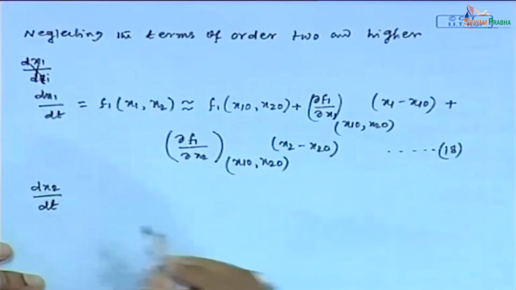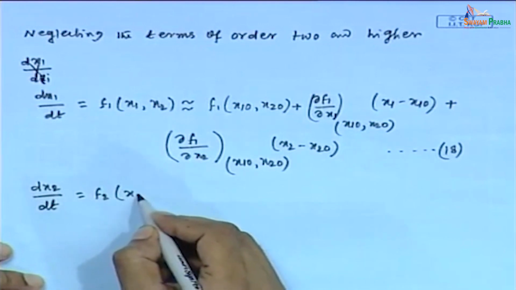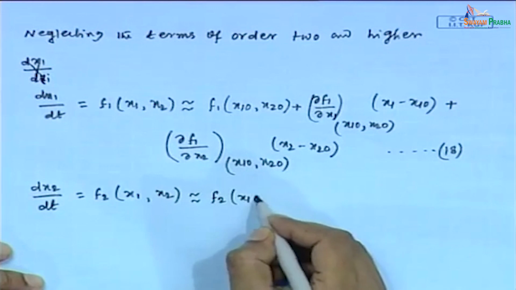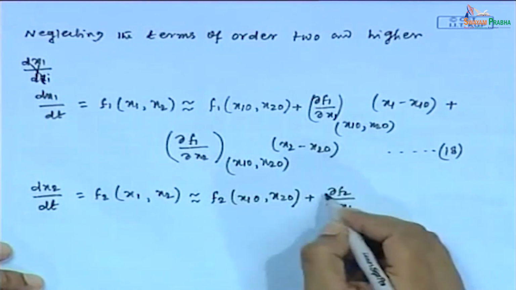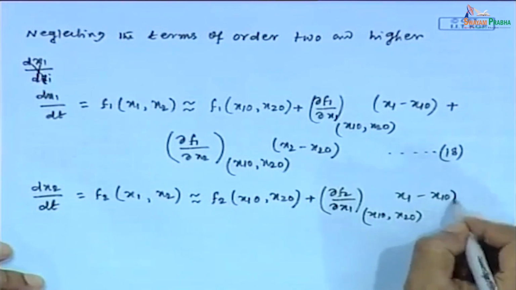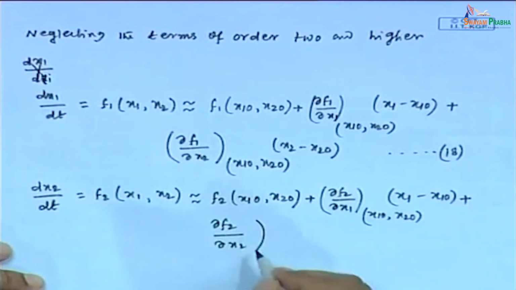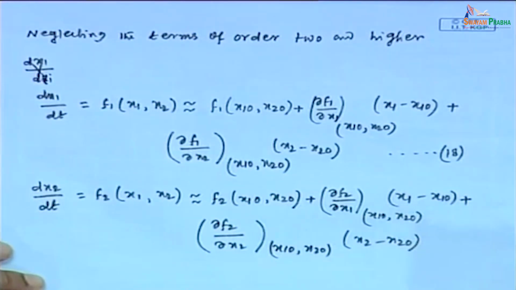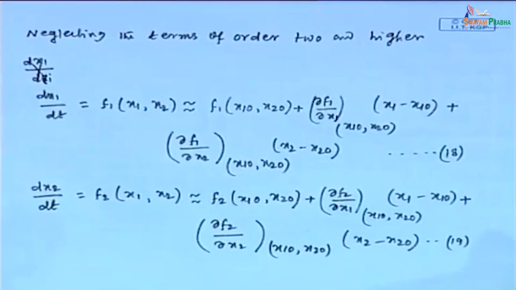Please write the second equation also: dx2/dt is f2 of x1, x2, approximated as f2 at x1 naught, x2 naught, plus del f2 by del x1 at x1 naught, x2 naught multiplied by x1 minus x1 naught, plus del f2 by del x2 at x1 naught, x2 naught multiplied by x2 minus x2 naught. Fine. So, this is equation number 19.